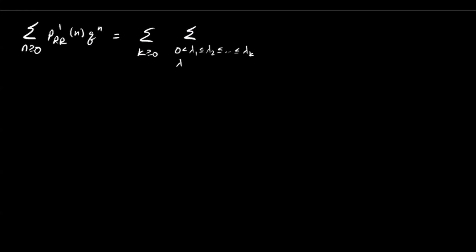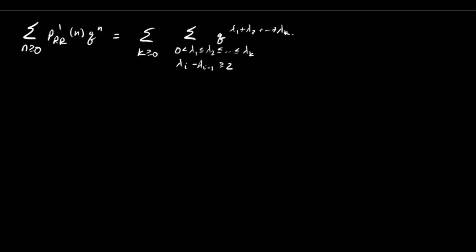And I'm going to impose the condition that lambda i minus lambda i minus 1 is greater than or equal to 2. So I'll write this as q to the lambda 1 plus lambda 2 plus dot, dot, dot, plus lambda k. All right, so what I'm doing is I'm writing out every single one of these partitions as an exponent of q. I'm writing these in weakly increasing order. Like I said, order doesn't matter.